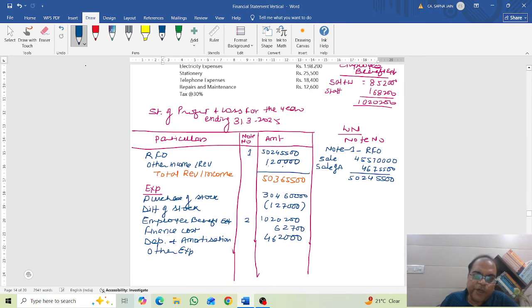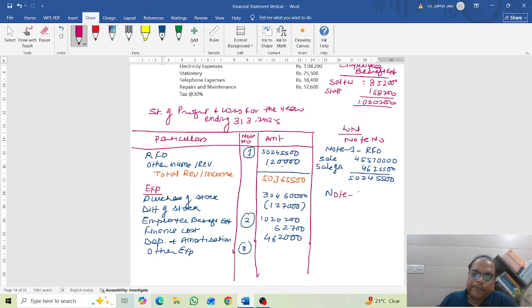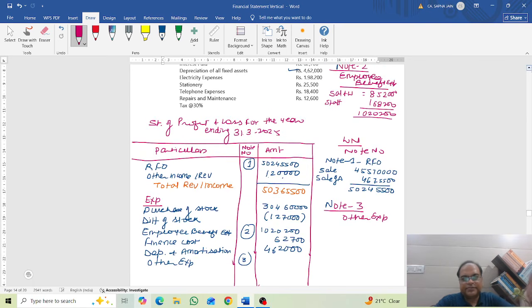So now prepare note number 3 for other expenses. Inclusion of all the expenses other than the primary first item.